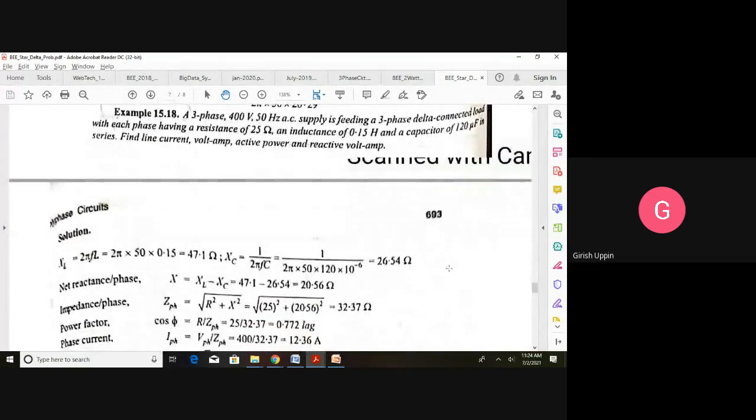So we have one more problem. Three phase 400 volt, this is the line voltage, 50 hertz. F is equal to 50. Supply is feeding three phase delta connected load.